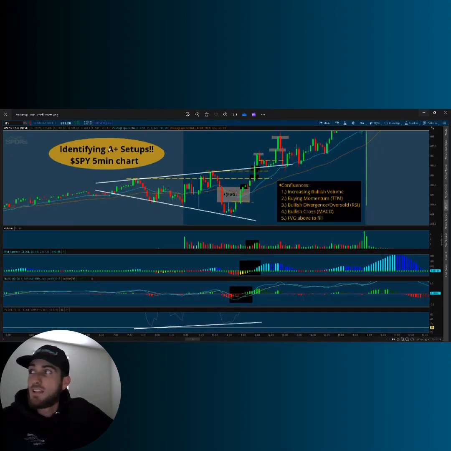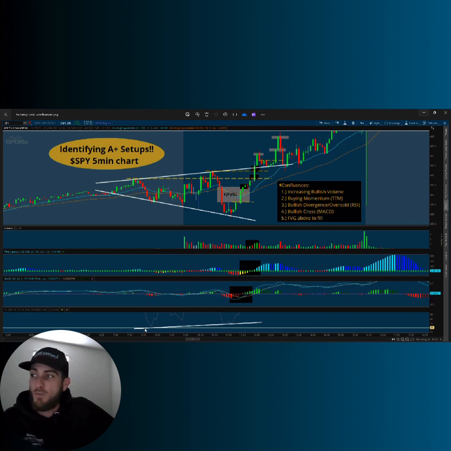And lastly, this is an A plus setup that I traded SPY on the 5-minute chart. First three were on the 3-minute, this one is on the 5-minute chart. So what we had here, increasing bullish volume, TTM squeeze indicating buying momentum re-entering and taking control, bullish MACD cross, and we did enter up into the bullish zone of the indicator.